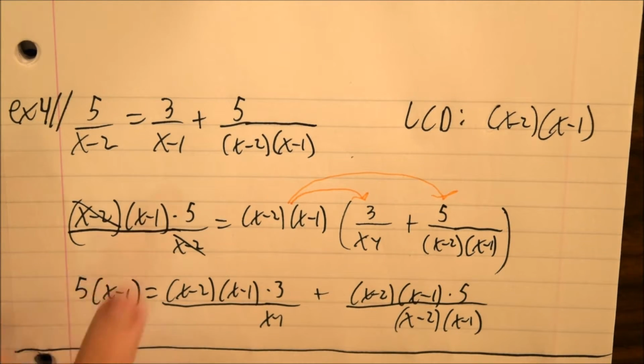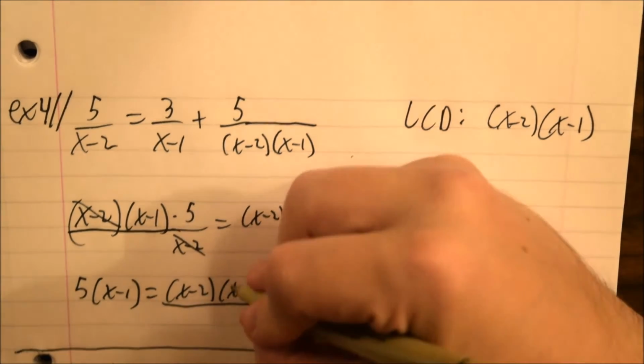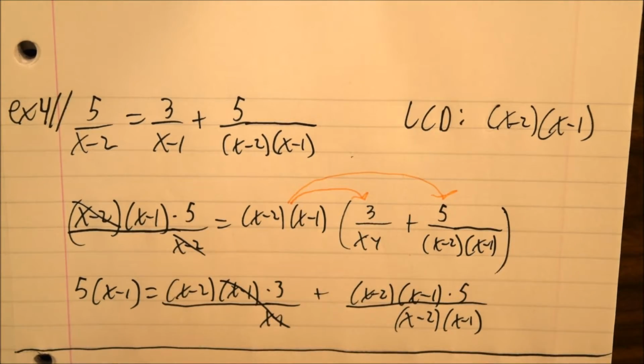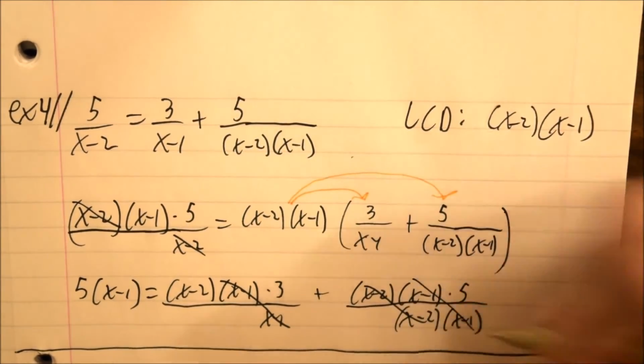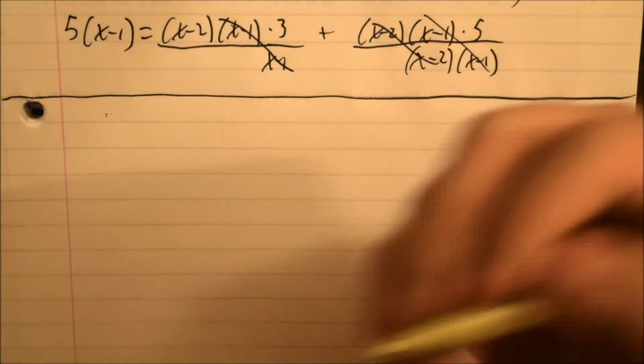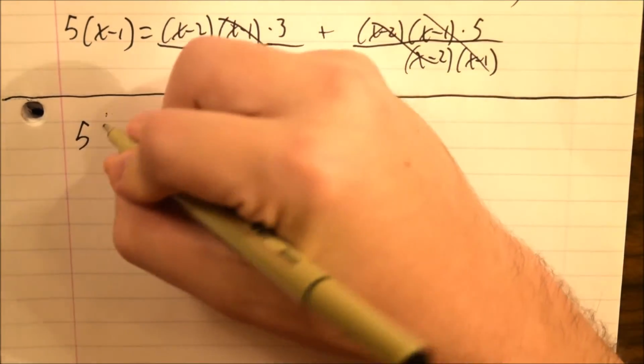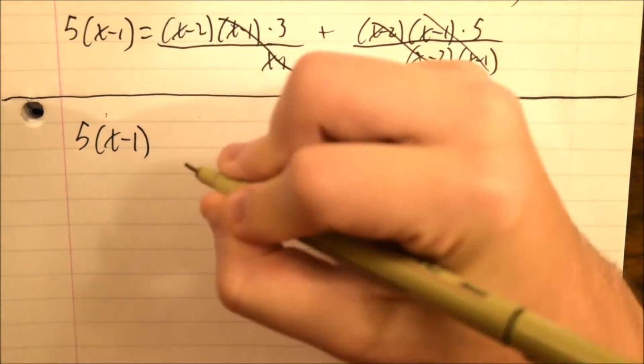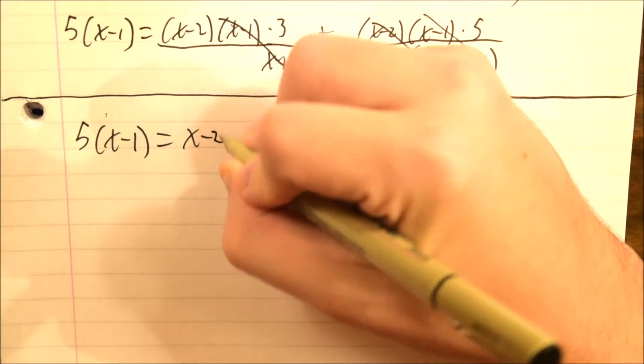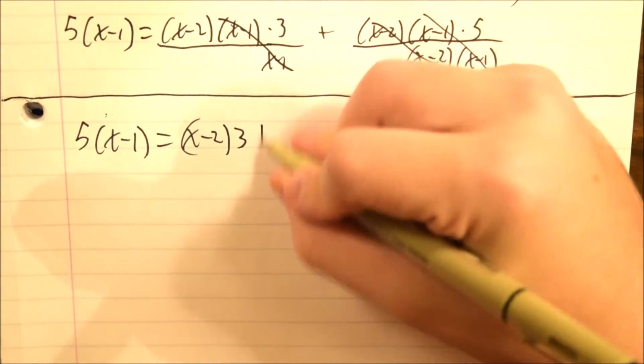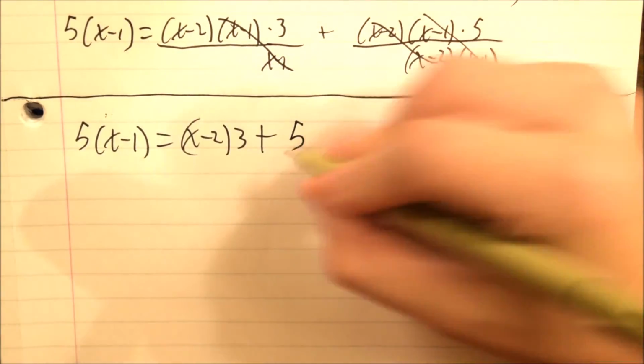Now, just like I did in this first step, I'm going to cancel the x minus 1's out in that term. And now in this term, I can cancel out both of these guys. What am I left with? I have a 5 times x minus 1 equals x minus 2 times 3 plus 5.